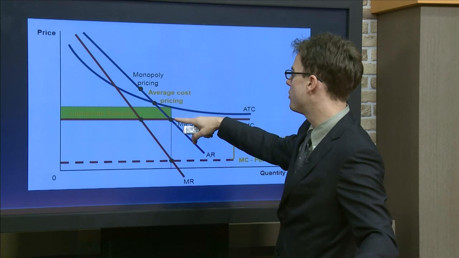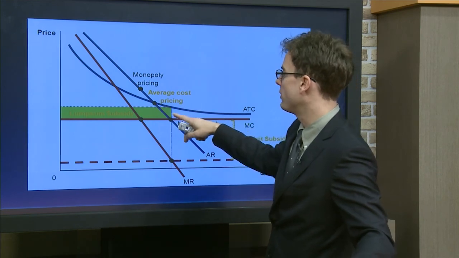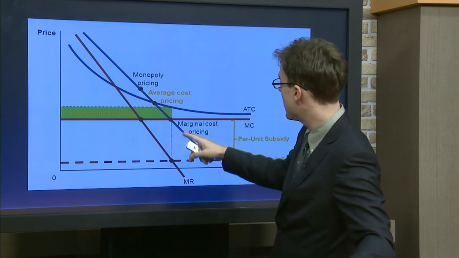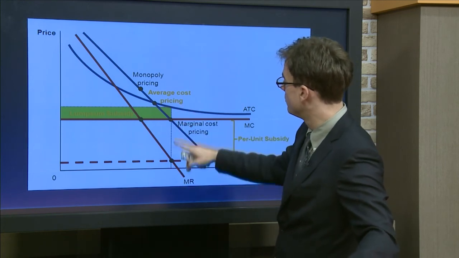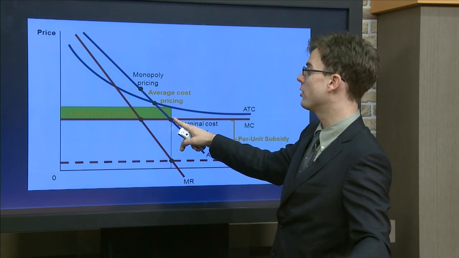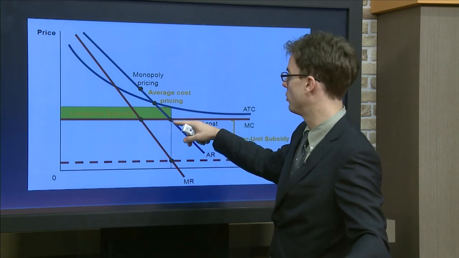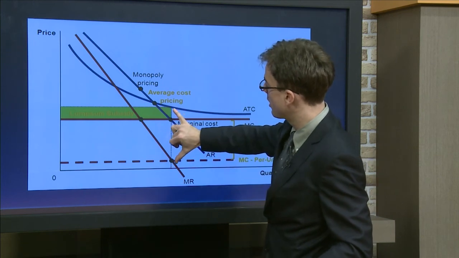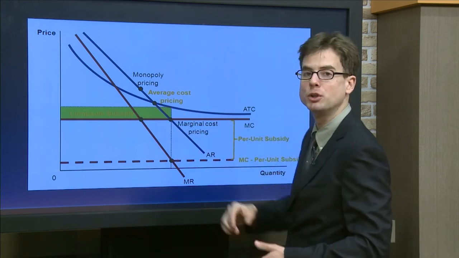But the problem with the perfectly competitive outcome, which we would say is the efficient outcome, is that at this output level, companies are not covering their total costs of production. Notice that average revenues do not cover the entire average total costs of production.